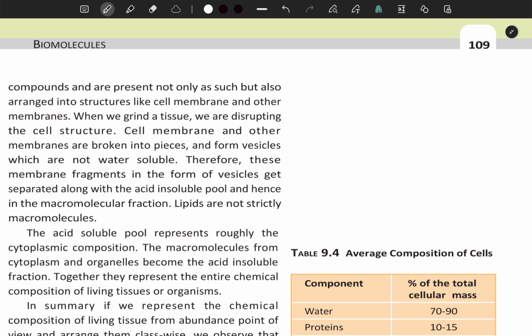When we grind a tissue, we are disrupting the cell structure. Cell membrane and other membranes are broken into pieces and form vesicles, which are not water soluble. Therefore, these membrane fragments in the form of vesicles get separated along with the acid insoluble pool and hence in the macromolecular fraction. Lipids are not strictly macromolecules.